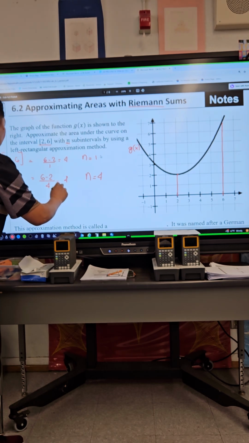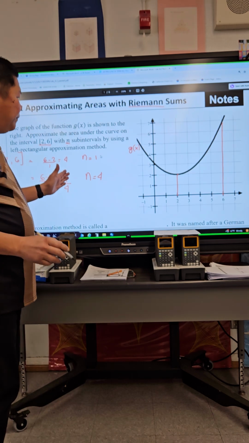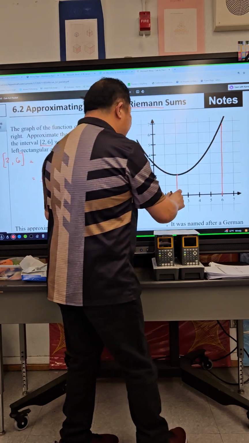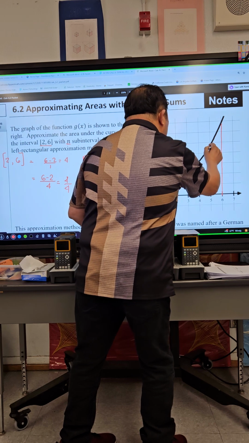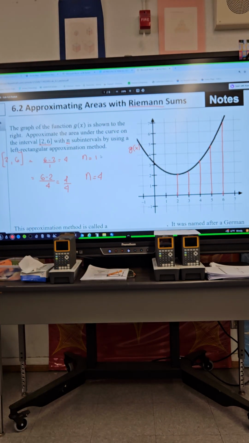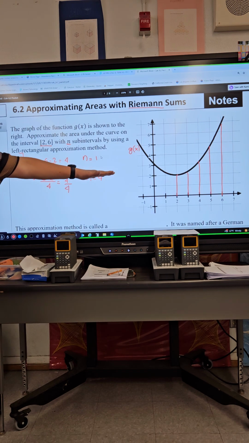So what is my sub-interval width? 4 over 4, which is 1. So if we chop this into 4 intervals, we have 1, 2, 3, and then 4. So there are 4 sub-intervals already, right? Is this clear, guys?